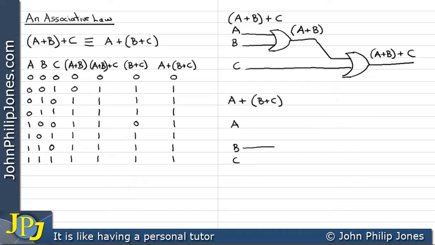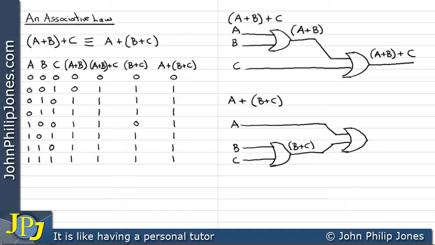Now I'm going to take the B and the C and put those through an OR gate, and what that will give me here is B or C. That together with the A is now going to go as the input to another OR gate, and that will give me here the A ORed with the B or C.